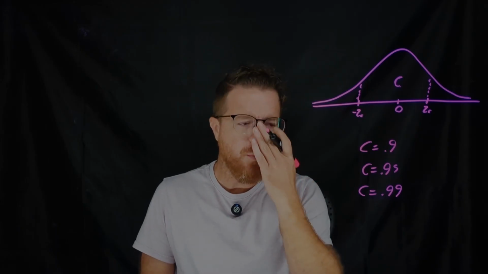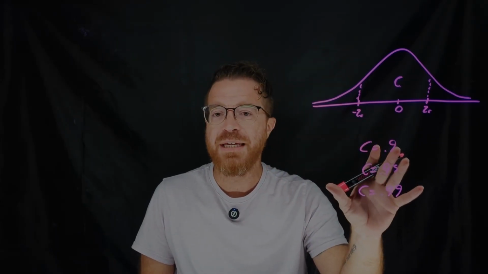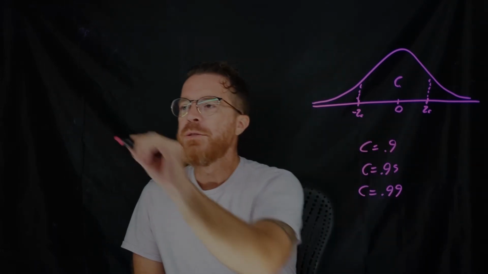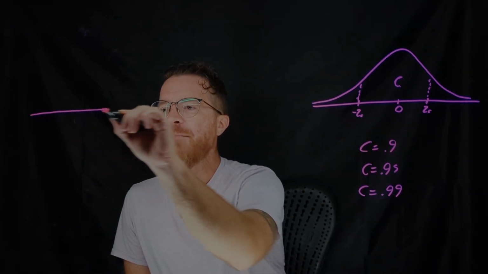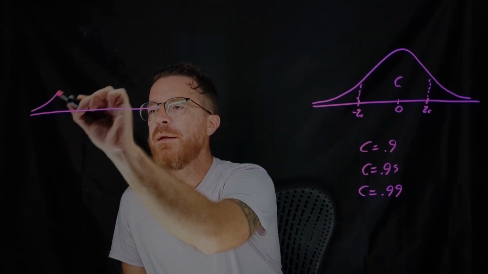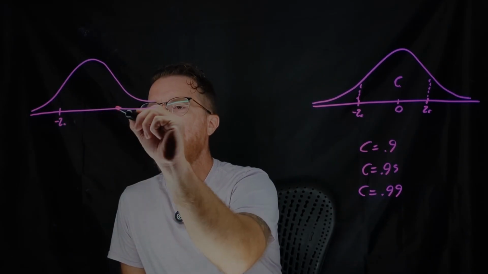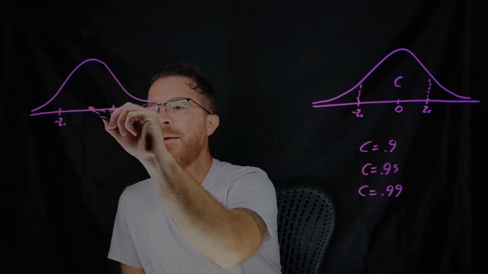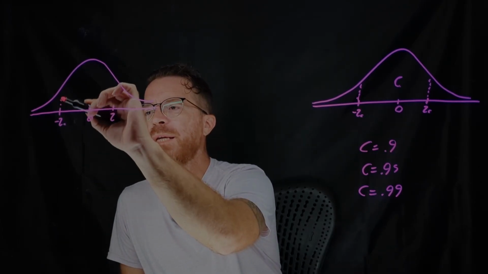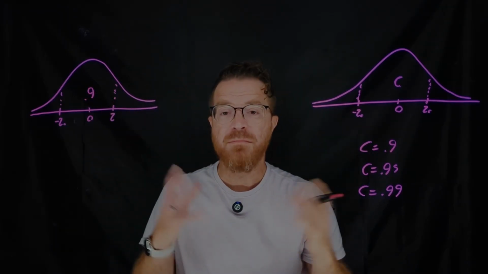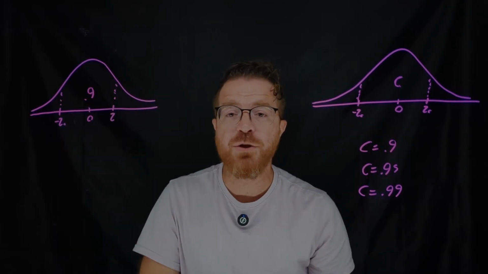So now let's actually talk about how do we find this using our table. Well, first, let's start with one of these cases that we're looking at here, and we'll figure out what Z values would cause this to be true. So let's start with the fact that I have my standard normal, and I'm telling you that between negative Z and positive Z, I want there to be, let's say, 0.9 of the data. So I want to be 90% confident that my value will fall in here, right?